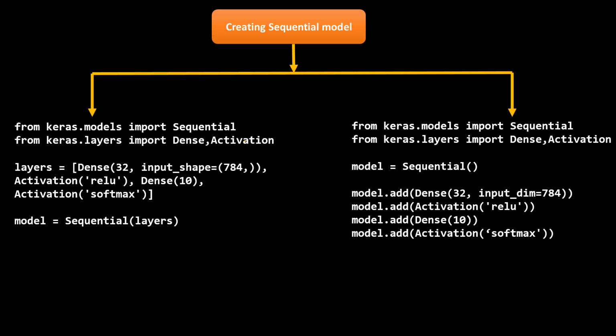As I discussed, all the different functionality in Keras has standalone modules. So you can import the sequential model from keras.models. Then you can separately import the layers from keras.layers, import Dense and Activation. I am explaining this code with the assumption that you have some idea of neural networks, so that you understand what it means.